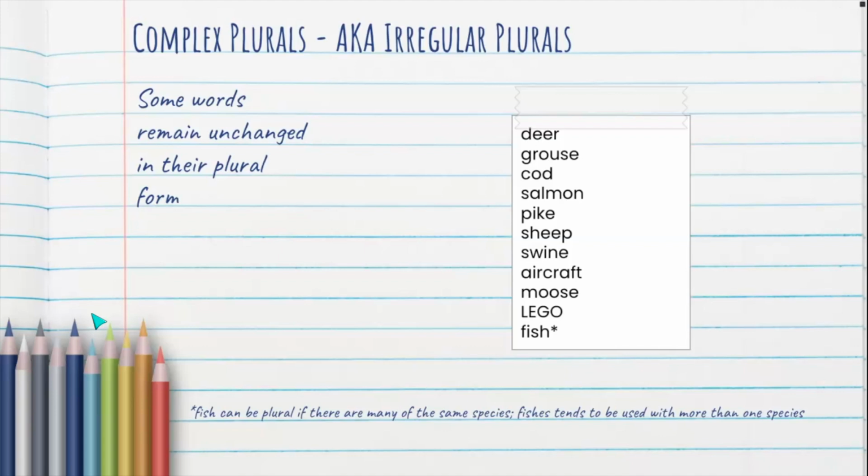And if you want to know why, you can read a very long-winded explanation on their website about branding and brand maintenance. But the Lego gods would like you to only refer to Lego singular and plural with Lego. And fish can be plural as fish, but we also have the word fishes if we're talking about more than one species.